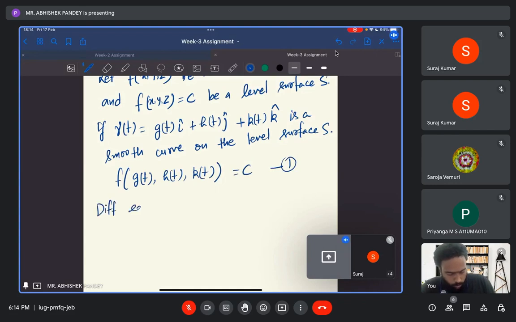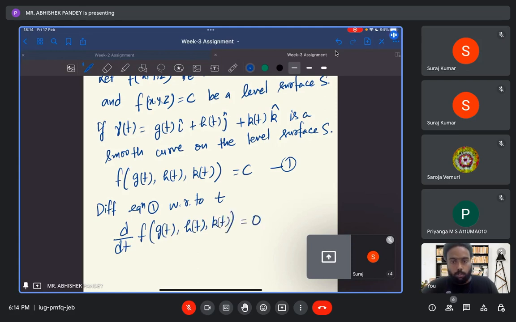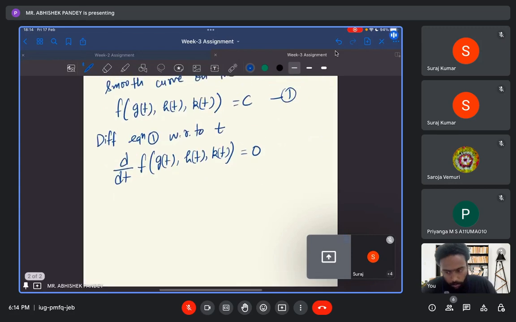Differentiating equation 1 with respect to t, what we will get is the derivative of f of g(t), h(t), k(t), and this is 0 because c is constant. Now you can use the chain rule.